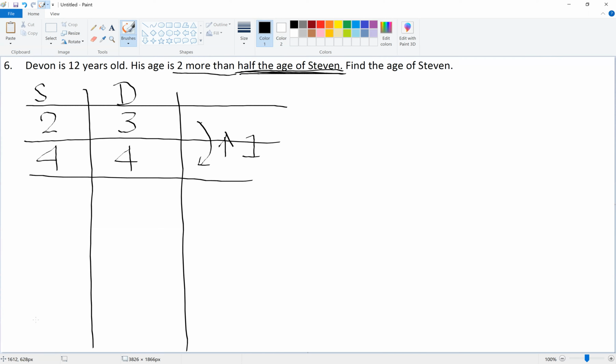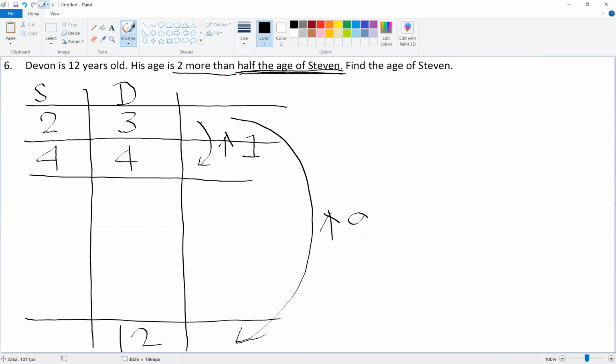So it went up by 1. Yeah. And my goal is to get 12. So that means it has to go up 9 times, correct? Yes. And 9 divided by 1 is 9. So whatever we do, we have to do it 9 times. So what would be my answer?